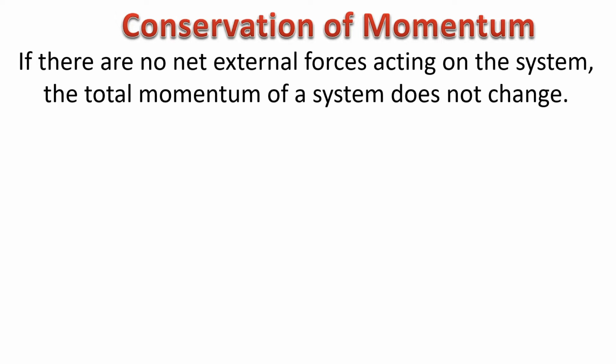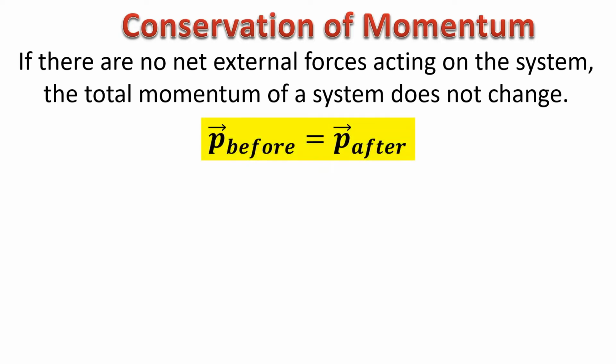It states that if there are no external forces acting on the system, the total momentum of the system does not change. It means the total momentum before is equal to the total momentum after. Let's assume I have a mass 1 which is moving to the right with velocity v1. Its momentum is the product m1 times its velocity.